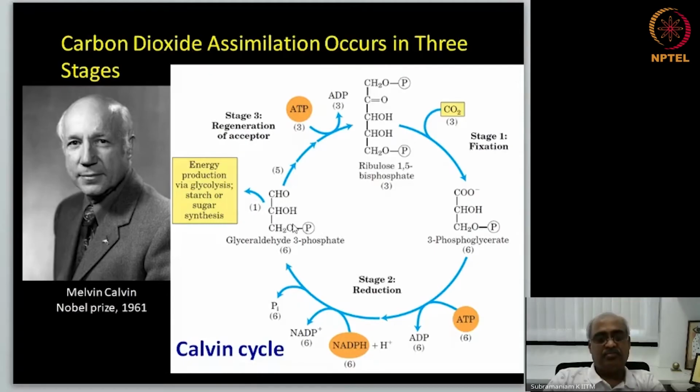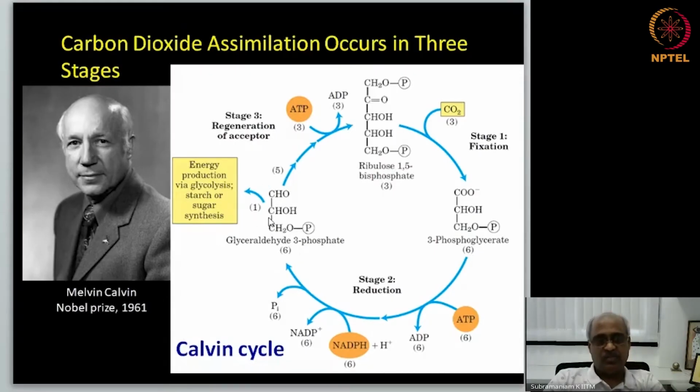And the third is the regeneration of the entry molecule, which is ribulose 1,5-bisphosphate. So to balance the stoichiometry, yesterday I told you the cycle starts with 3 molecules of this, and therefore 3 carbon dioxide. So you end up getting 6 3-phosphoglycerate, and after reduction 6 glyceraldehyde 3-phosphate.